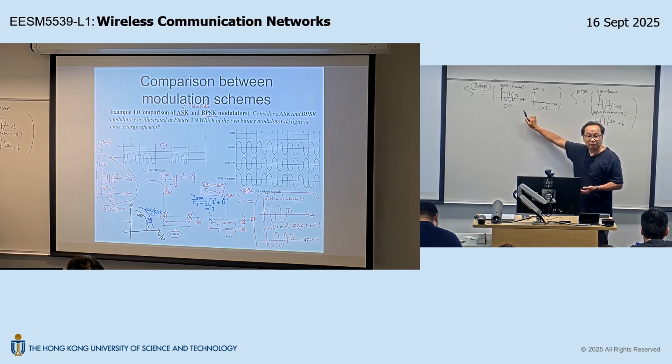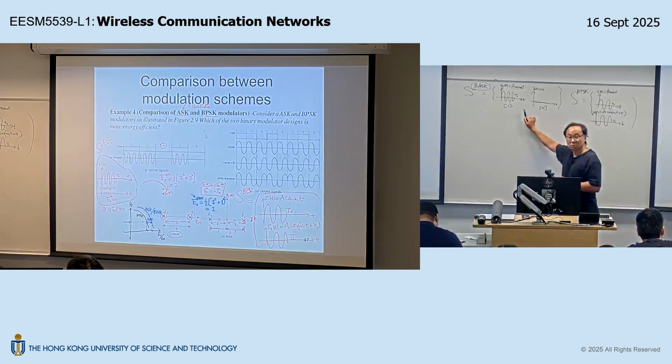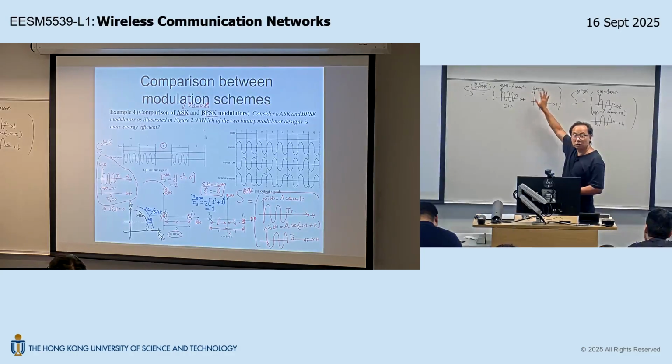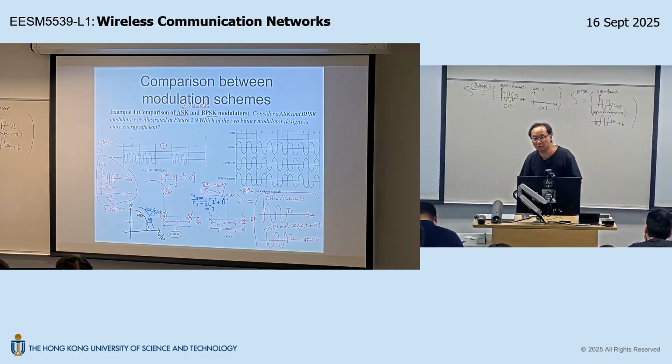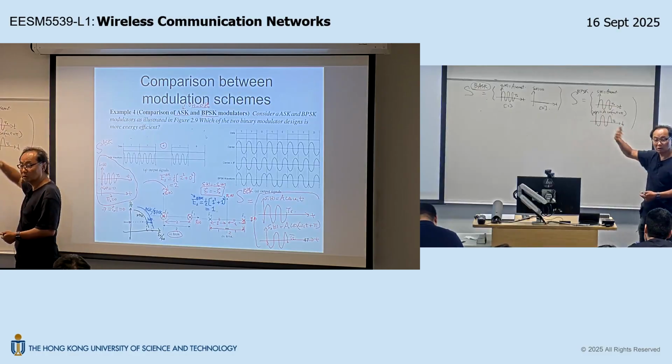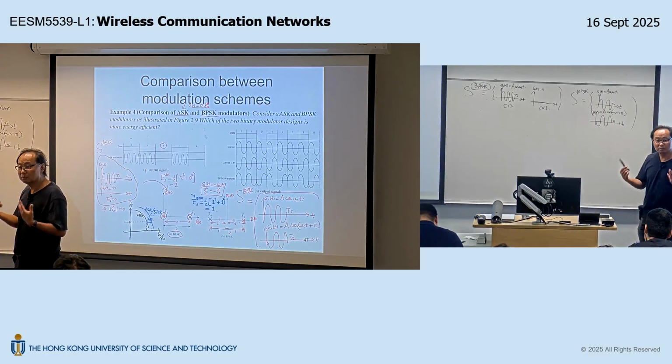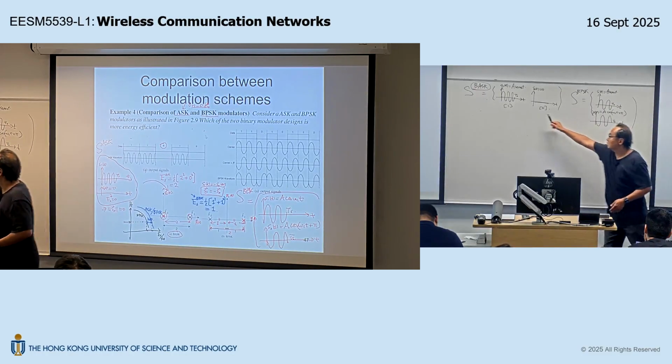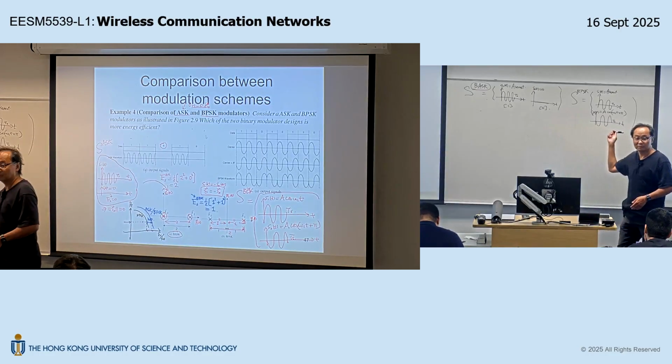Now, there are reasons that you believe in this, right? Thank you. Because here in ASK, what does that mean? That means 50% of the time you turn off your transmitter, right? So turning off your transmitter is a very good way to save energy, right? Whereas in this case, 100% of the time you turn on your transmitter. So you would probably guess this one is more energy efficient than this one, right?